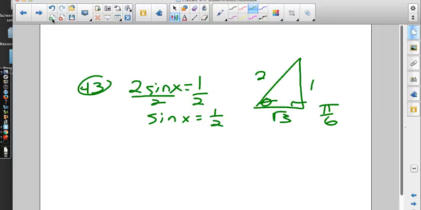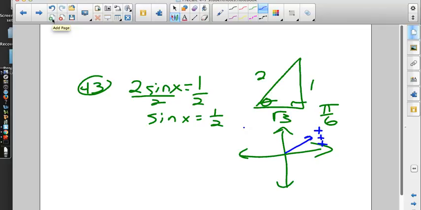It's not just at pi over 6. Because it's going to be right here at pi over 6 that we have a positive sine. But we also have a positive sine over here.